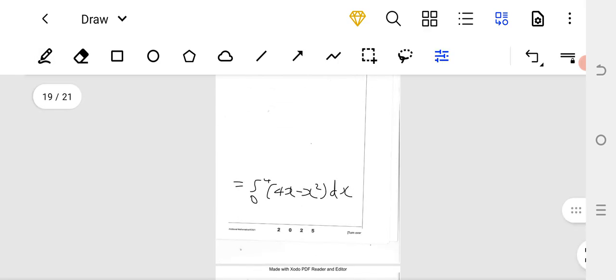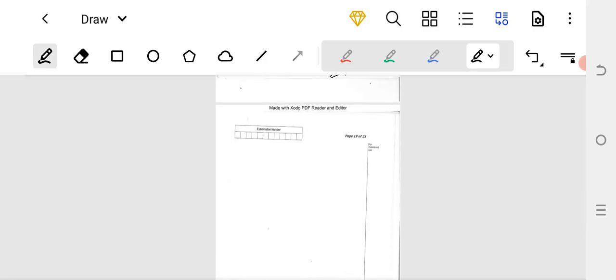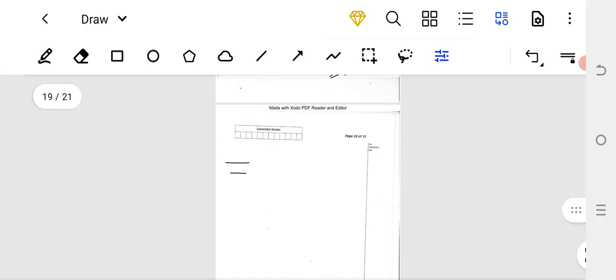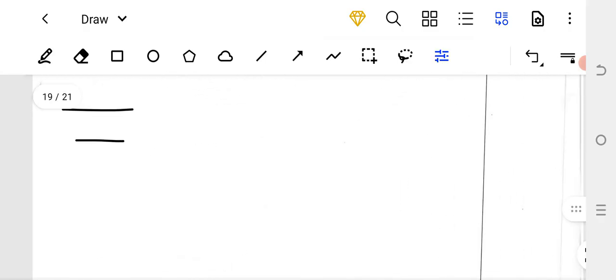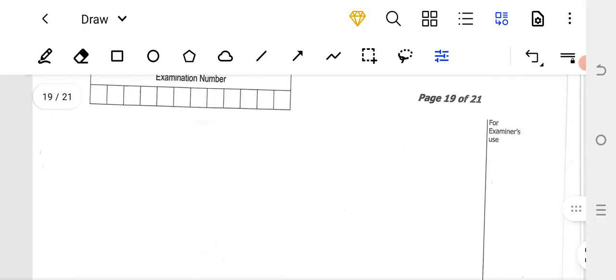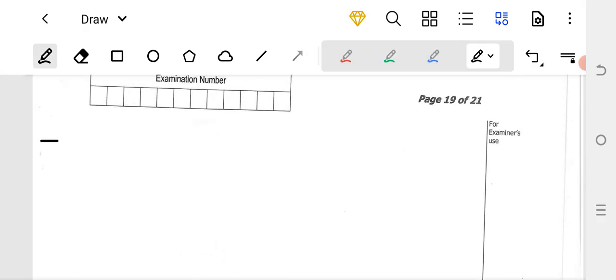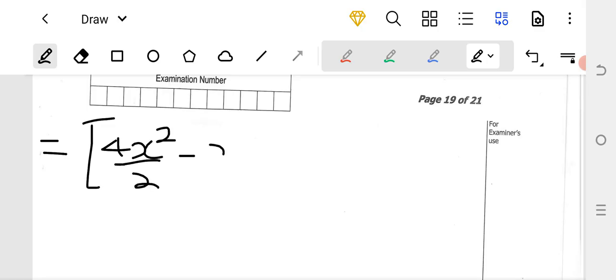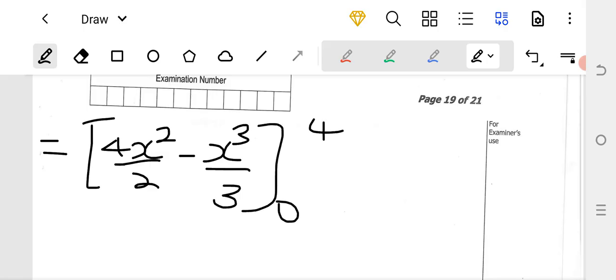So 4x - x squared dx is going to be equal to the integral, let me zoom in, of 4x, which is going to become 4x to the power 2 divided by 2, minus x to the power 3 divided by 3, from 0 to 4.